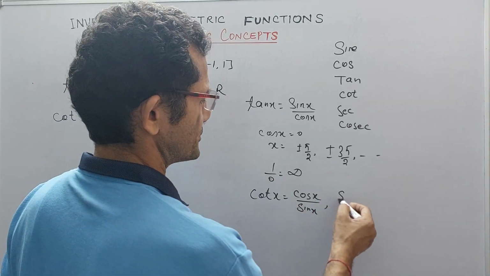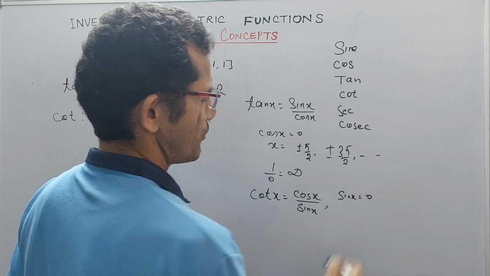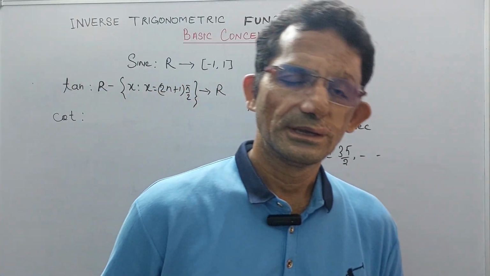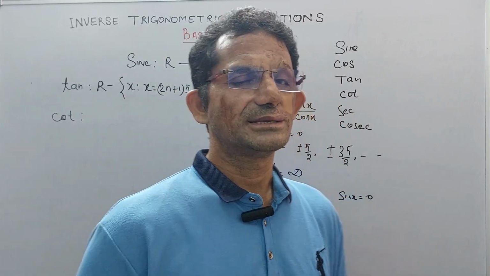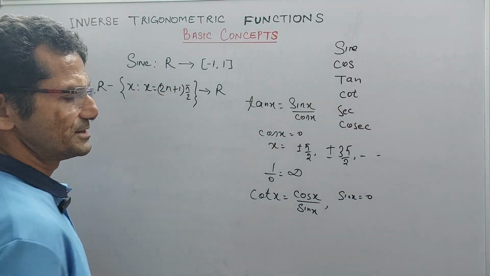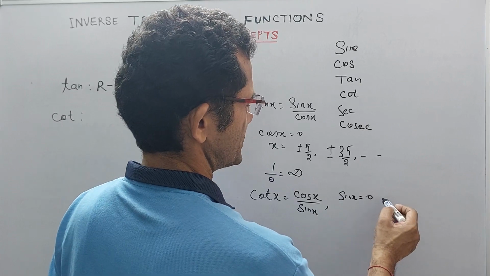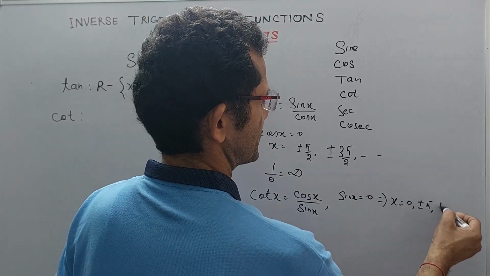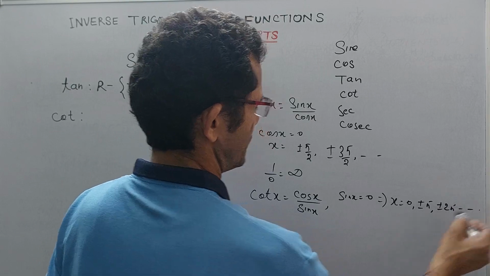Sine x will be 0 for the angles 0, pi, 2 pi, 3 pi, and on the negative side minus pi, minus 2 pi, minus 3 pi, and so on.